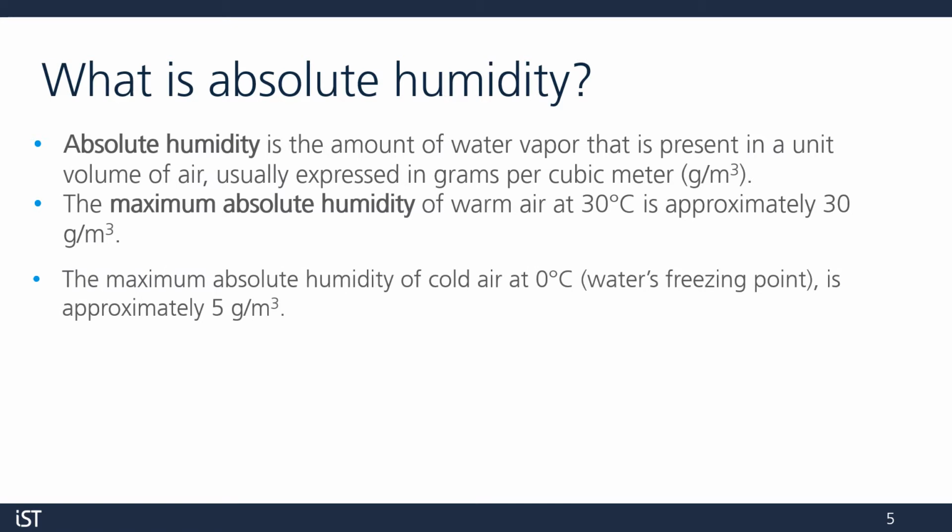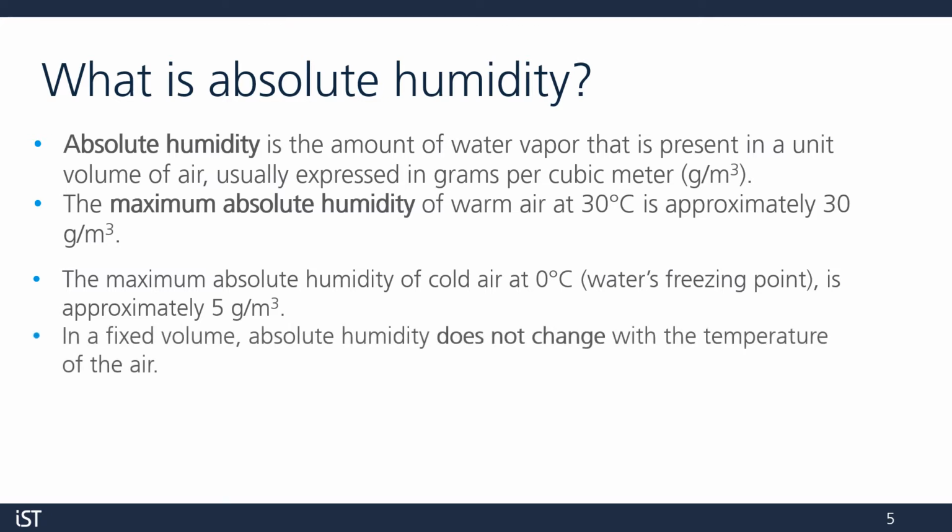For cold air at 0 degrees C, this maximum absolute humidity is around 5 grams per cubic meter. In a fixed volume, the absolute humidity does not change with the air temperature.